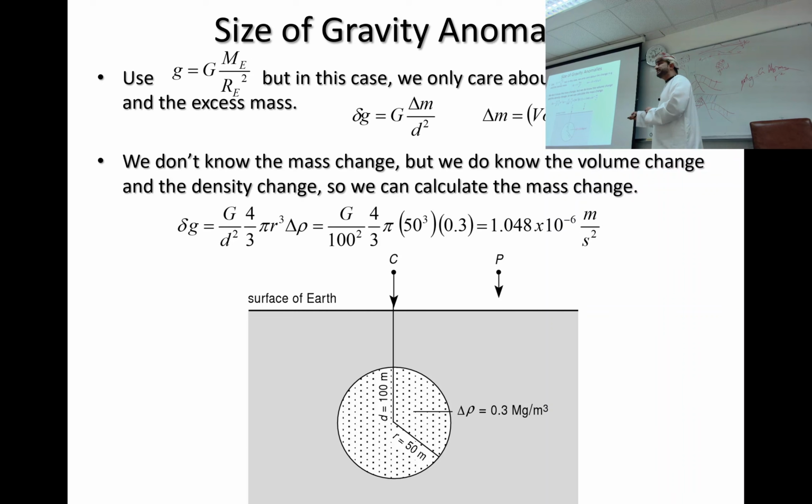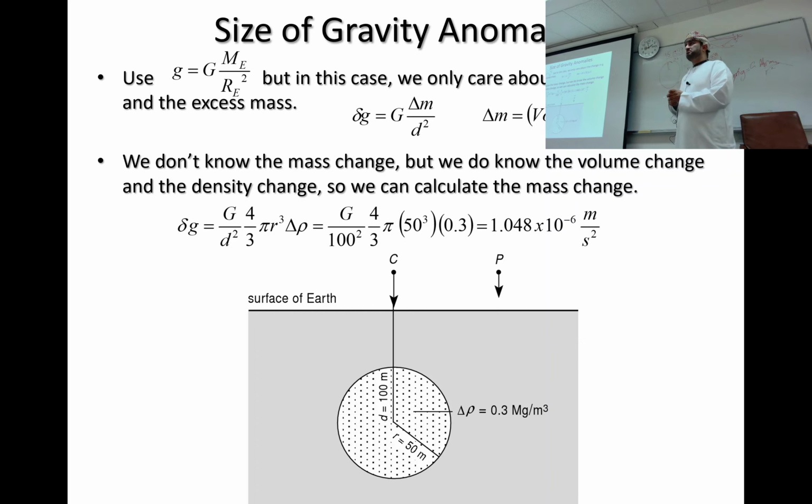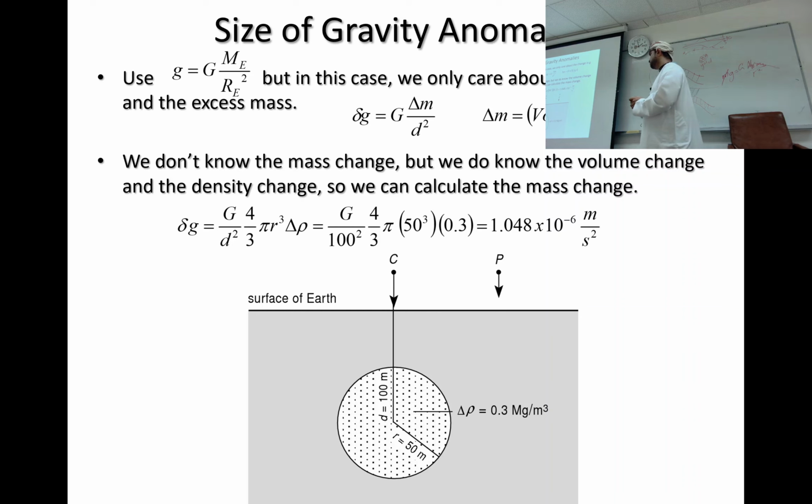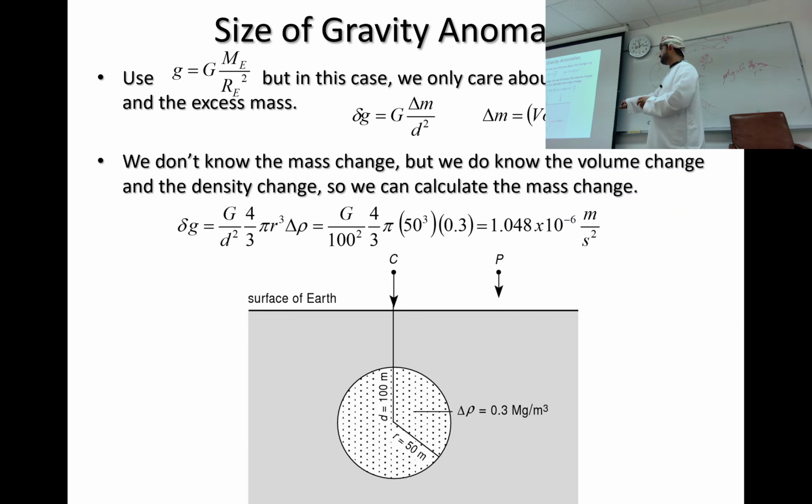So let's assume that the change in density between the surrounding and this body is 0.3 megagram per meter cubed. Mega, not gram. Megagram per meter cubed. And that's the depth to the center of the body, and this is its radius. So we already know its volume. We know the volume from the radius.